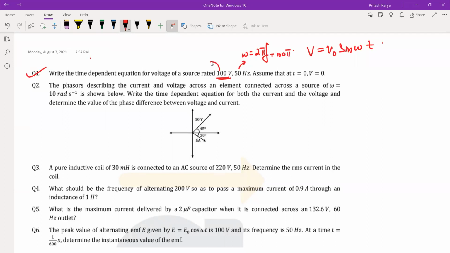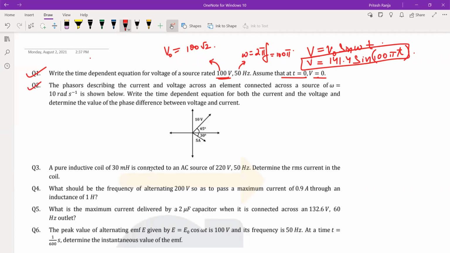And you have V RMS, that means V naught will be 100 root 2, which is 141.4 sin 100 pi t. And at t equal to 0, V is 0. This is just given to find the value of the phase difference.